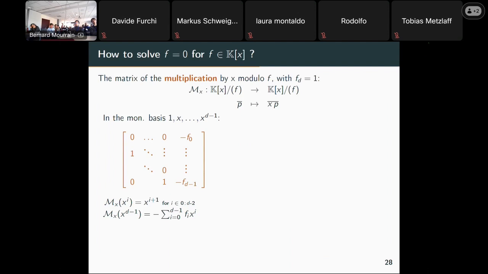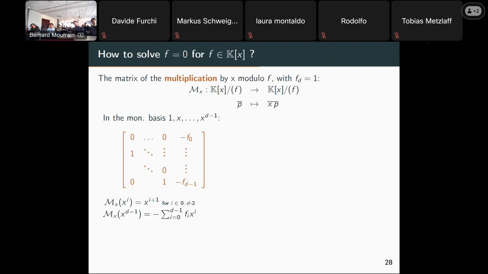And so you recover here minus f0 up to minus f(d-1). This is the classical companion matrix associated to f. I guess you have seen it already several times.